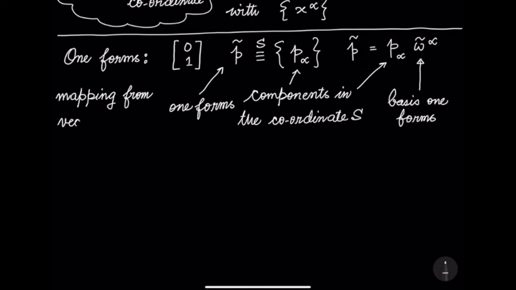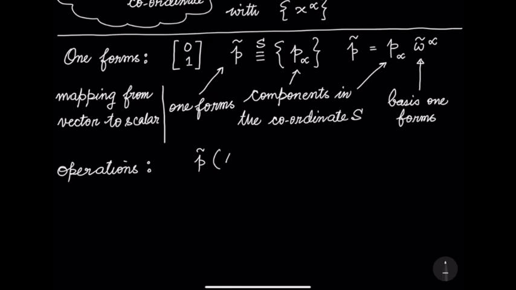So if I put in a vector in one form, it will give me a scalar. And let's see the one form operations, the operations we have done many times now.